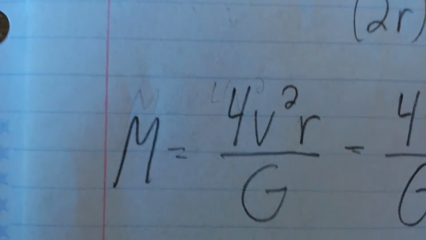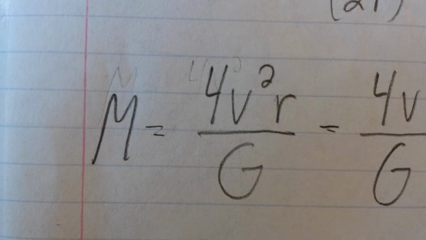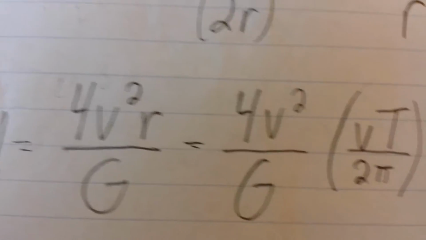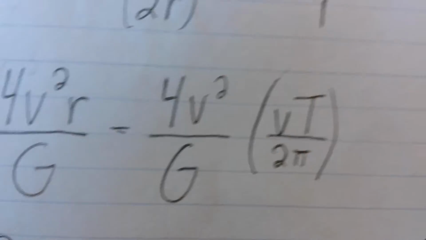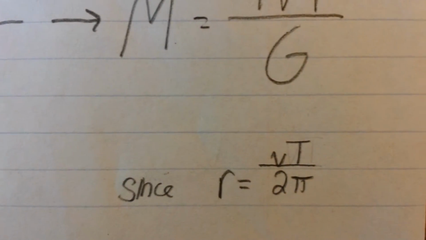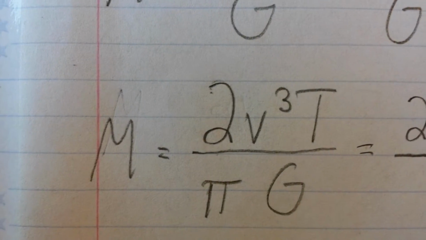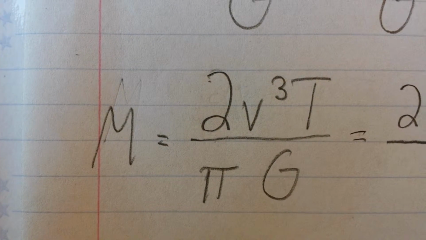So this is the equation that you use, and then you can substitute for r. Since r is equal to vT over 2 pi, that reduces to this equation.